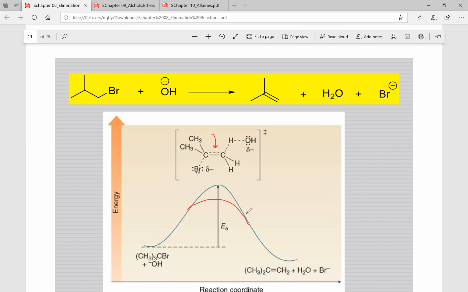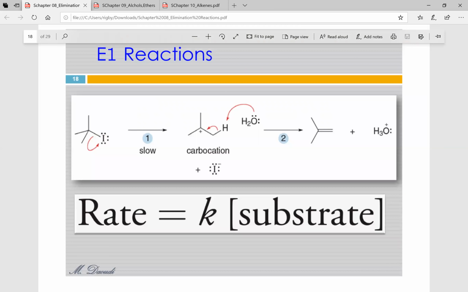So if we have a more substituted alkyl halide, that's going to be better for E2, and it's also going to be better for E1. Because, let me scroll down really quickly. If you recall, E1 makes a carbocation. And if you recall from before when we're talking about SN1 and SN2, a more stable carbocation is a more substituted carbocation.